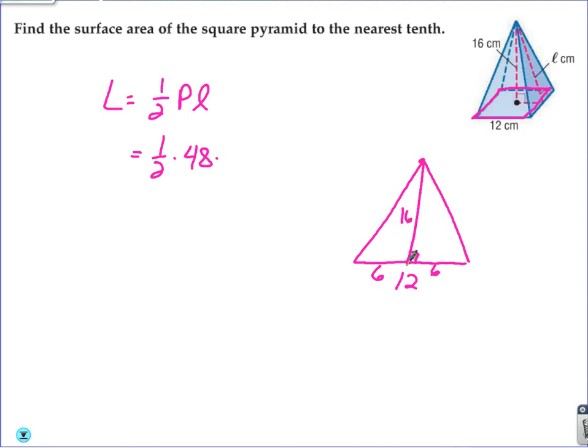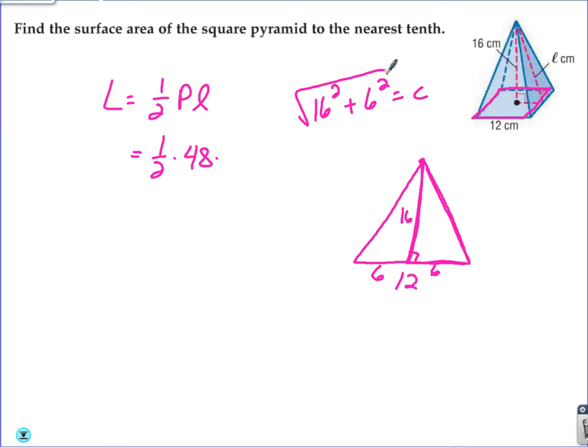From the top straight down to the bottom is 16. So how do we find slant height? Pythagorean theorem. 16, 6, we need the hypotenuse. A squared plus B squared is equal to C squared. So take the square root, type it straight in, and that should give you the slant height.